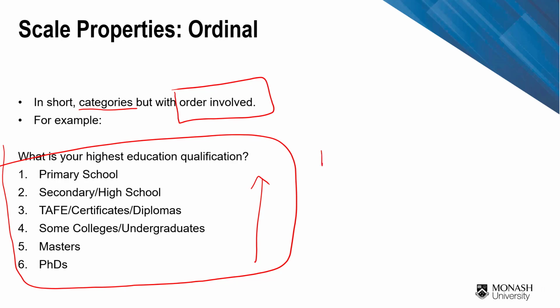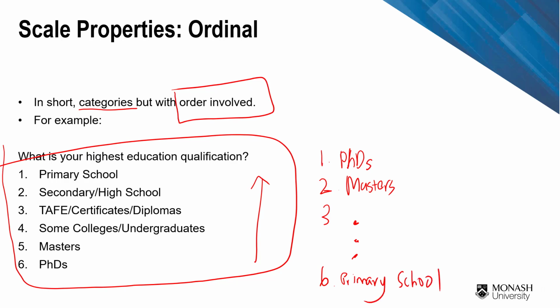So first you start off with the highest level, which is number 1, PhD, and number 2 is masters, and so on. Number 3, and until number 6, which is primary school. Okay, so you can do that, but most likely people will put it this way.